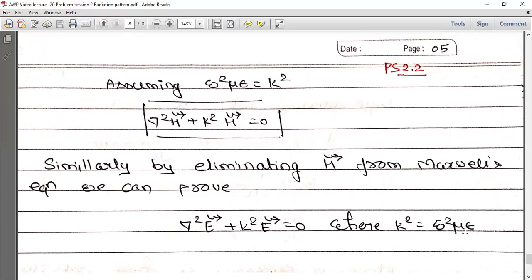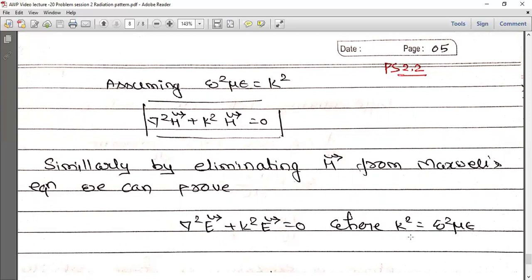In any medium having permittivity epsilon and permeability mu, 1 upon square root of mu epsilon is the speed of light in that particular medium. So root mu epsilon will be 1 upon c, and consequently k equals 2 pi f upon c, but f upon c is 1 upon lambda, and correspondingly k is given by 2 pi by lambda.